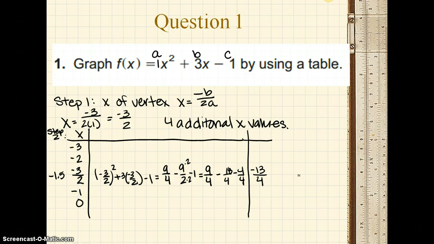Now, if you've set this up correctly, like I said, with the x that we get from negative b over 2a in the middle, you'll have perfect symmetry. So when you plug in 0, you'll get 0 squared plus 3 times 0 minus 1, so negative 1. 0 and negative 3 are the same distance from negative 1.5, so they will have the same y values.